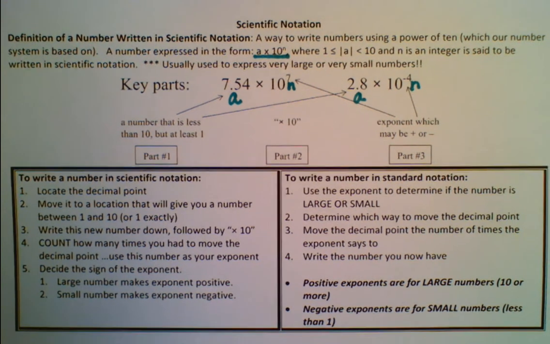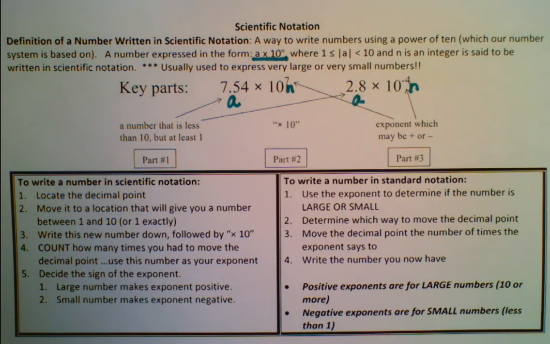So what we're looking at today is how to convert a number to scientific notation, and then how to take that scientific notation and write it in reverse order, which is standard notation.